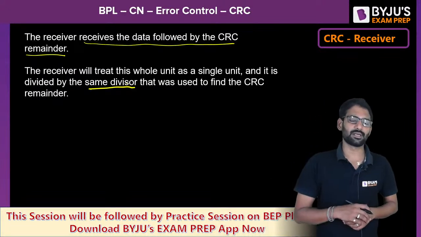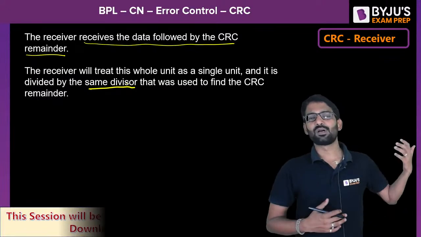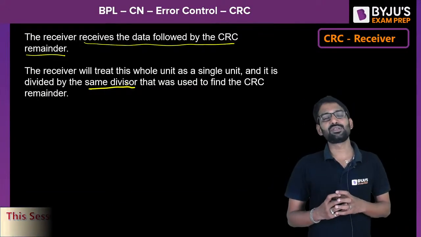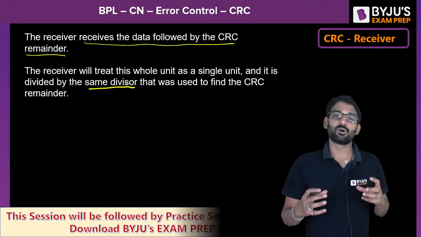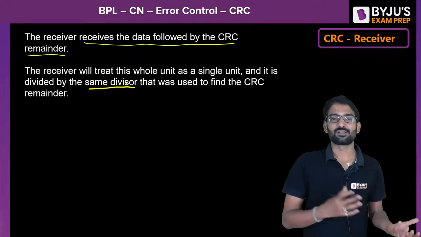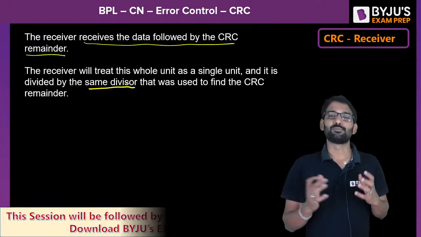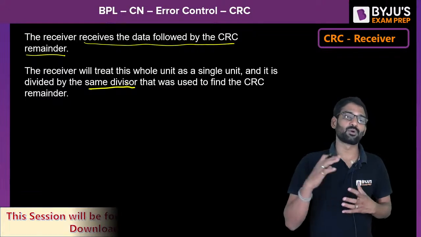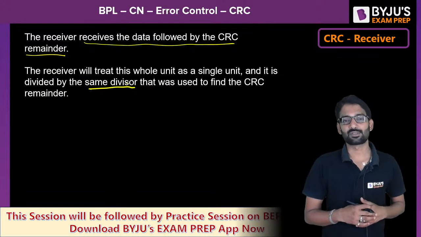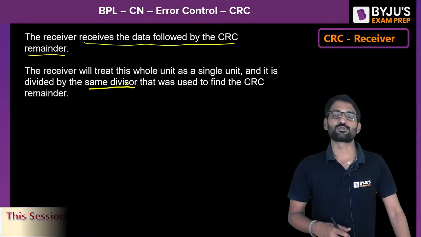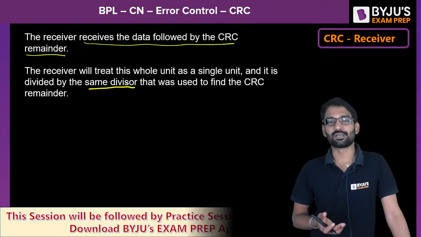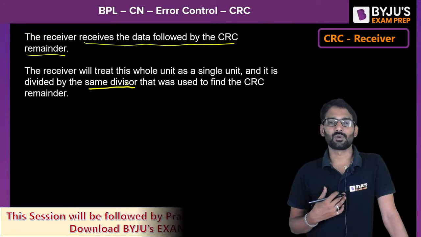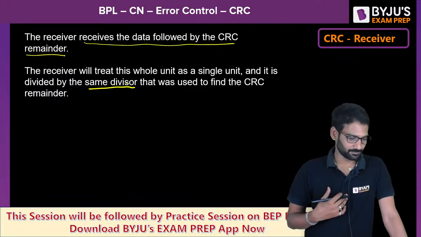Now you will get a doubt: sir, how does the receiver know what divisor the sender used? Guys, while establishing the connection, the protocol makes an agreement by sharing a few parameters of both. So while the protocol establishes this connection, the divisor that has to be used will be shared. In that way, the receiver knows what divisor the sender followed.